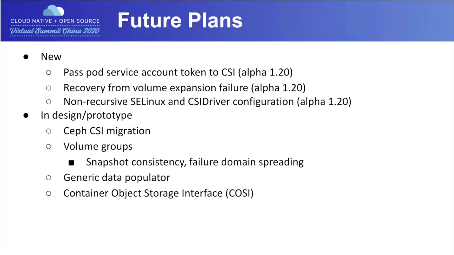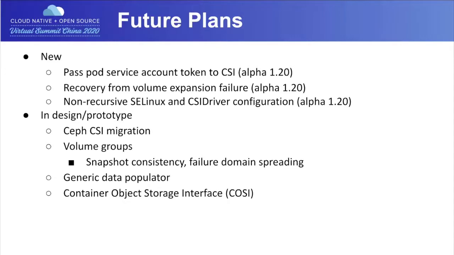The next feature that we're working on is the generic data populator. This allows a PVC to be provisioned from an external data source, not just a volume snapshot or an existing PVC, but it could be an object store, a GitHub repo, or an image, or something else.